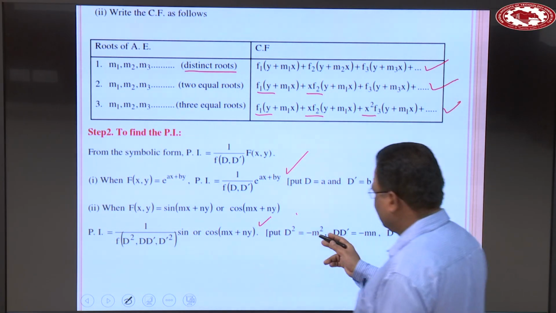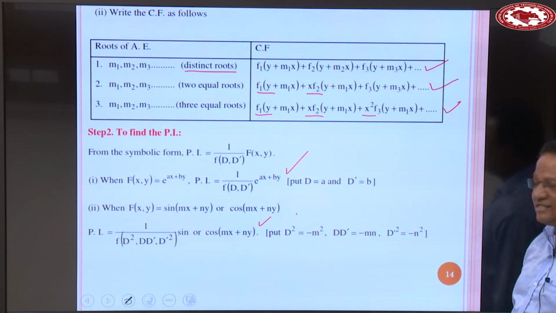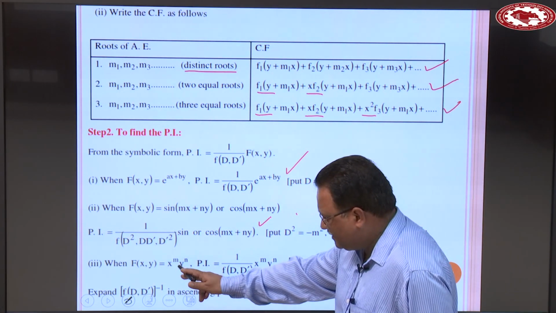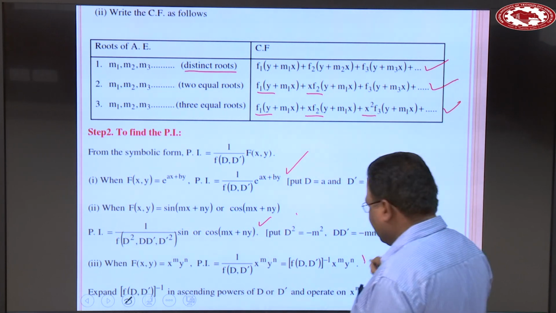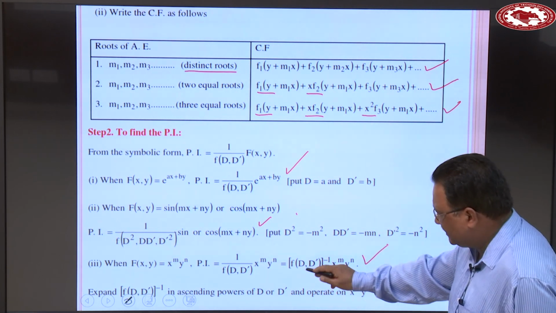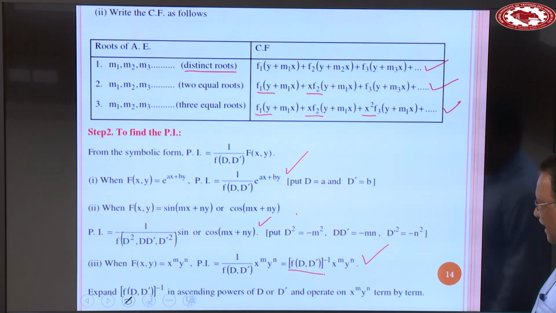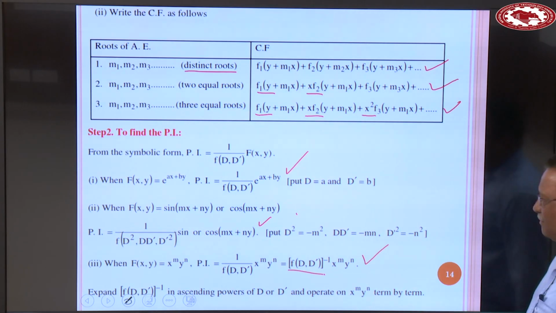So put D square is equal to minus m square, D D dash is equal to minus mn, and D dash square is equal to minus n square. And when f x y is equal to x power m y power n, then this can be written like this, and expand these terms in ascending powers of D or D dash, and operate on x power m y power n term by term.